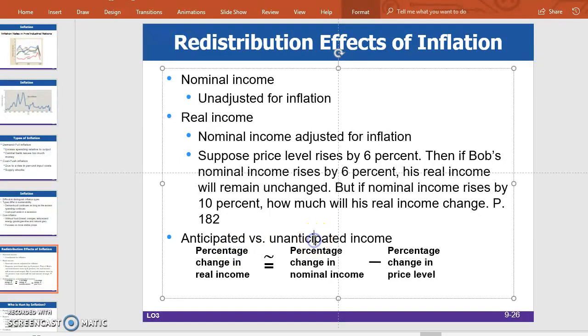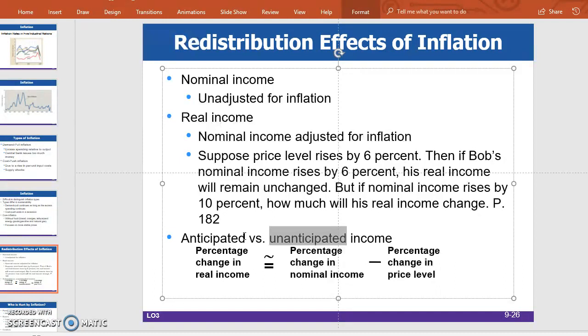Now let us discuss anticipated versus unanticipated inflation. Sometimes people make expectations about inflation and they are correct. So that is anticipated, right? But sometimes they are not expecting any inflation, but inflation happens. Or the rate of inflation they expect is actually lower than the actual inflation they face.